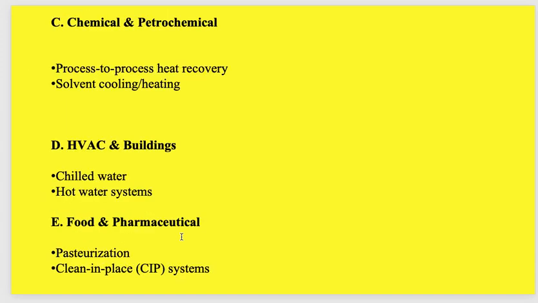Chemical and petrochemical also, in the pelletizer system. If you work in polymerization processes, you know the pelletization system, and you will find the plate and frame heat exchanger in the pelletizer section. Also HVAC and buildings, and the food and pharmaceutical industries.